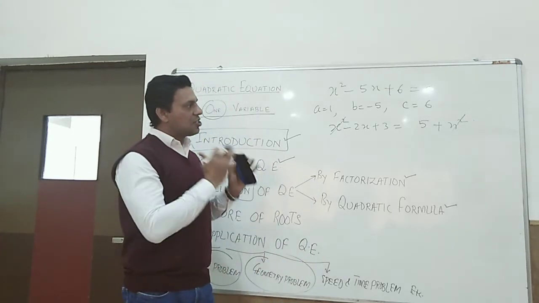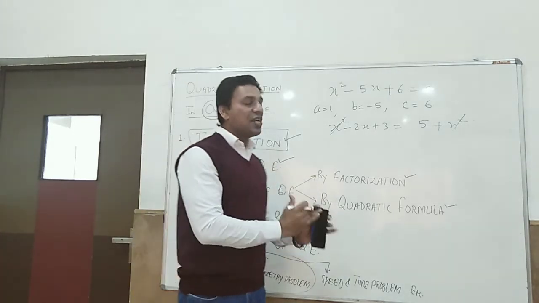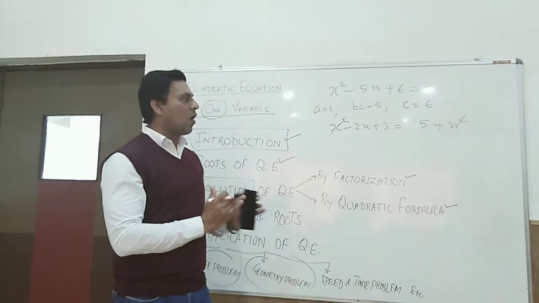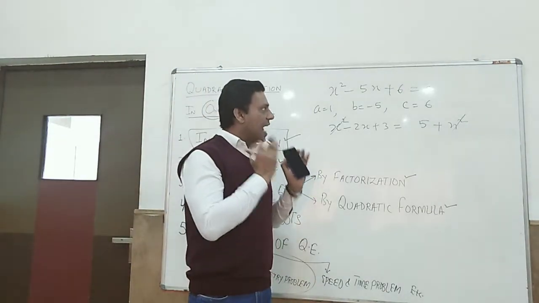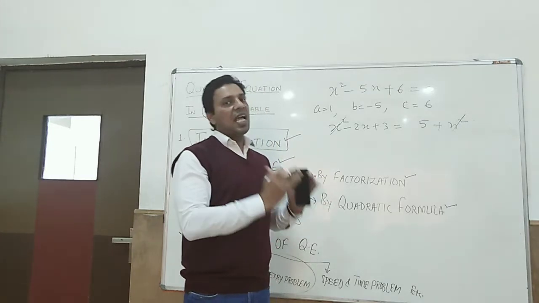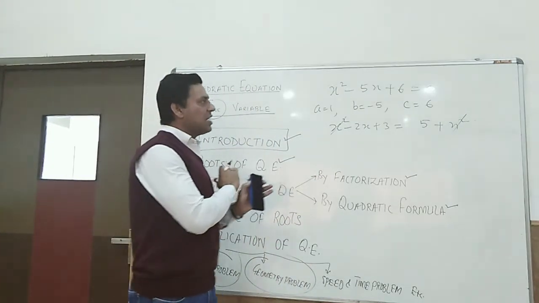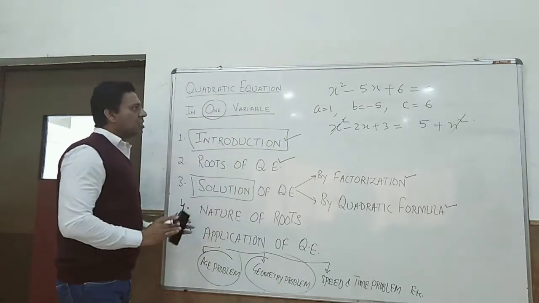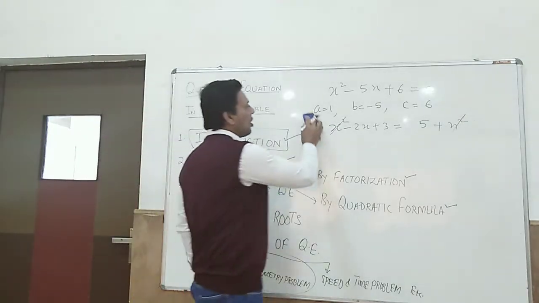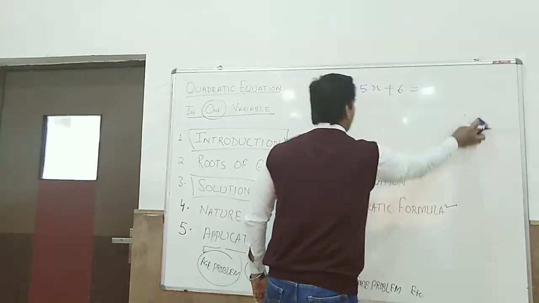Because there is no x square in the expression, this is not a quadratic equation. For a quadratic equation, the expression must have an x square term. Otherwise, it is not a quadratic equation. So this was the introduction of quadratic equation.